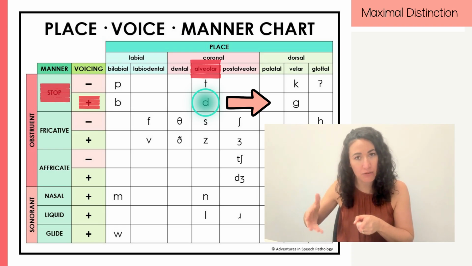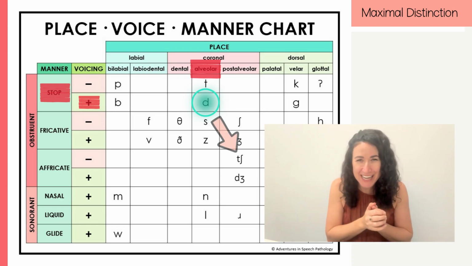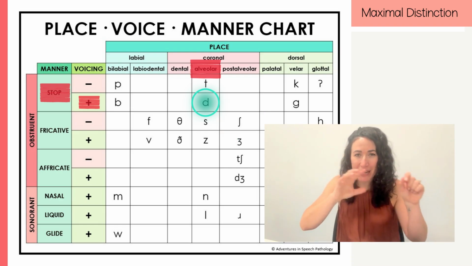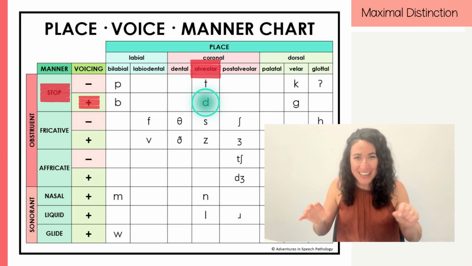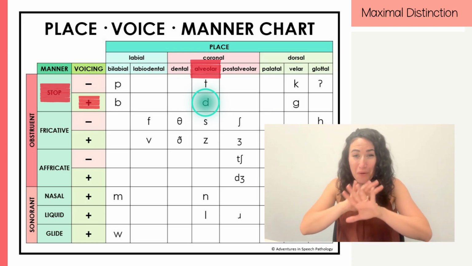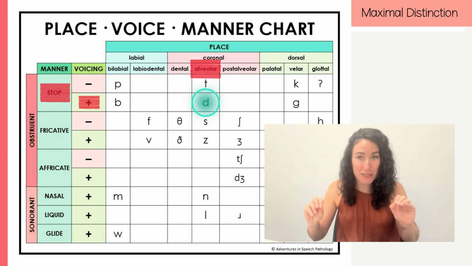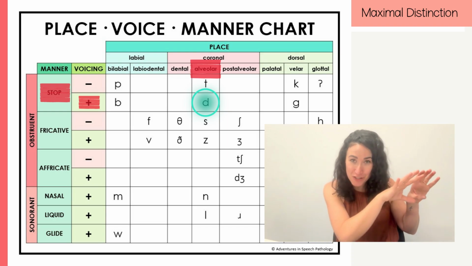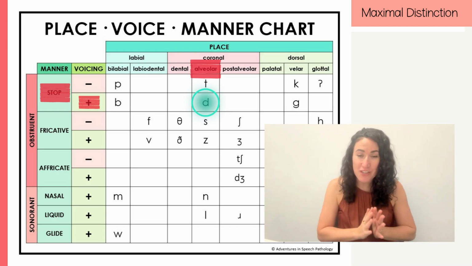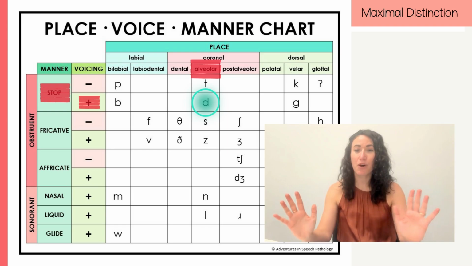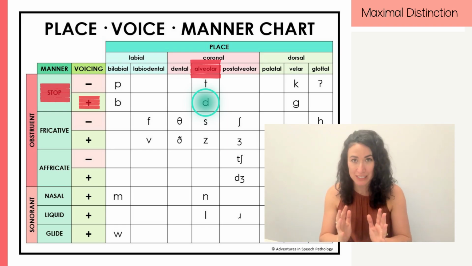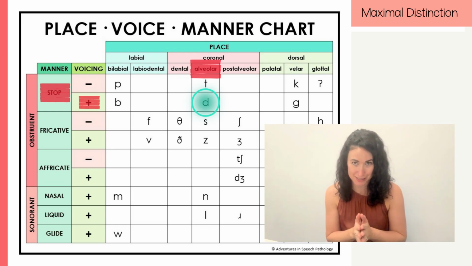So you might say, look, that's okay. Then when you look at CH, we are just making sure when we're doing multiple positions that all the sounds are as different as possible to each other and to the collapsed sound so that we can inject the most change possible into this child's speech sound system.